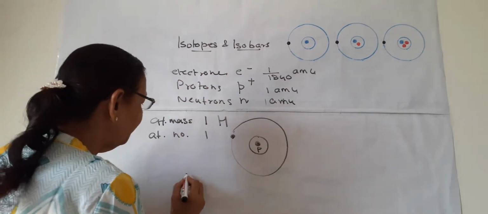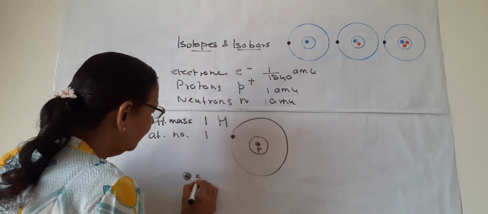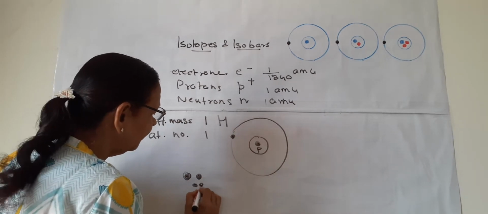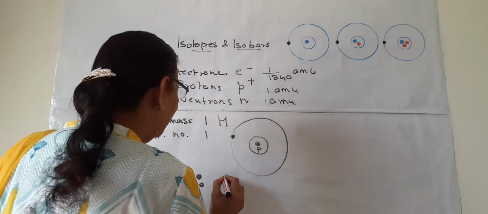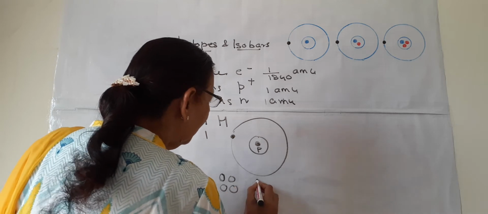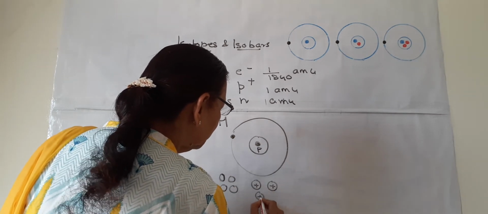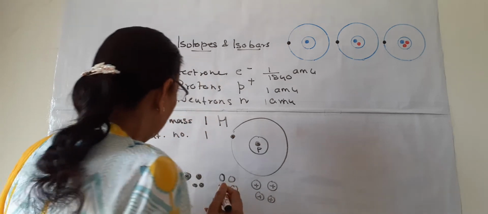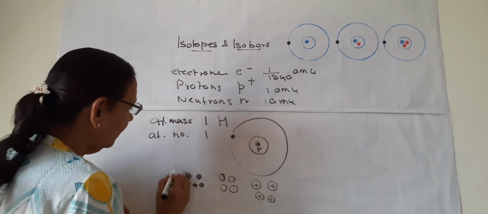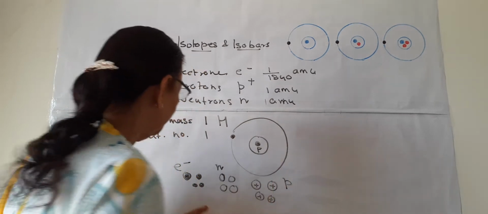Suppose I am having some electrons here, then some neutrons and some protons. These are electrons, these are neutrons and these are protons.